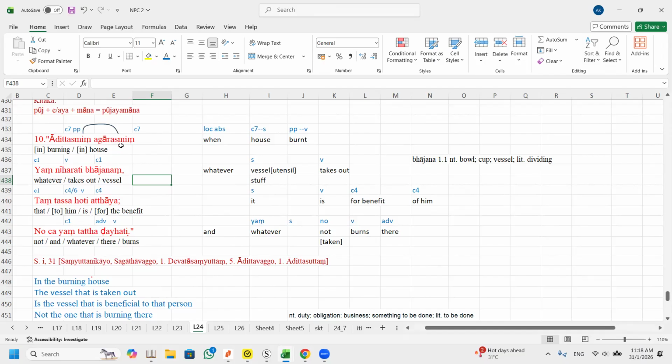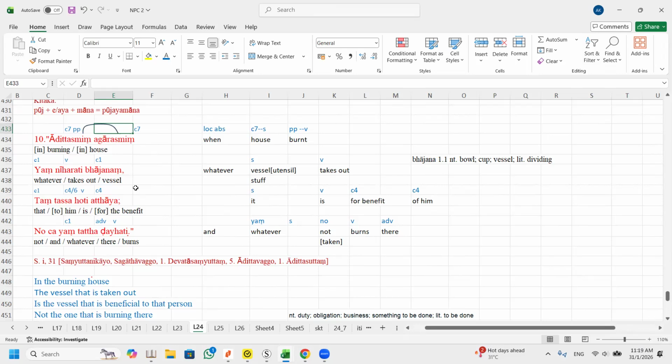This is the subject because this is agara. So the subject must be agara. This is a past participle. The past participle must become the verb. See, when the house, in this case, past participle, burns. When the house burns. Okay, the next line. Yam, whatever. Normally it is what or whatever.